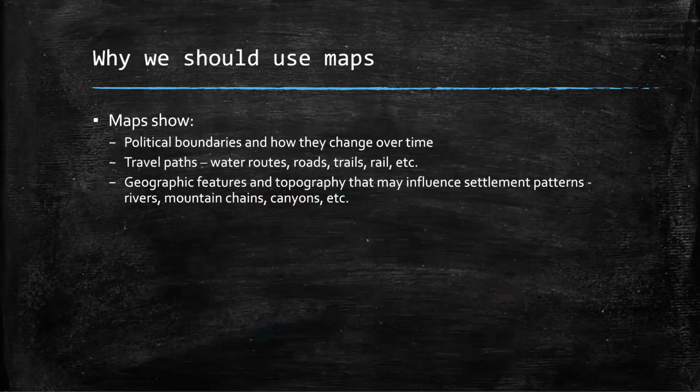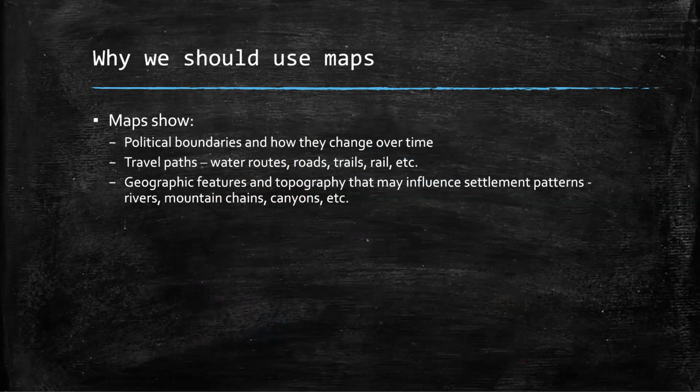When you look at these maps, you'll see those changing political boundaries over time, but you're also going to see things like the travel paths. Are they water routes, roads, trails, rail? How did they get between locations? Take that into consideration because when we look at some of these towns, it may say that there's no church in that town, but there's a church 1 mile to the east and 2 miles to the west.